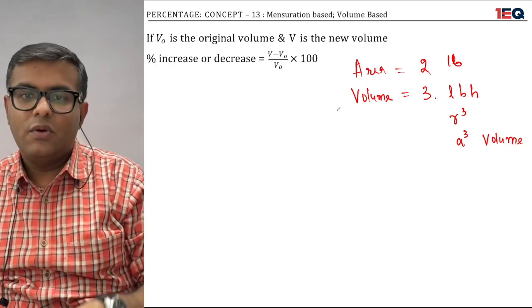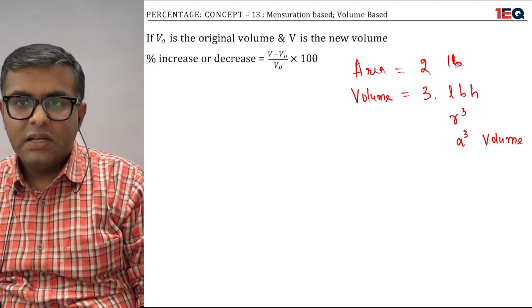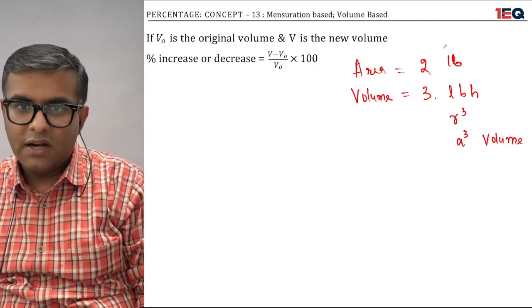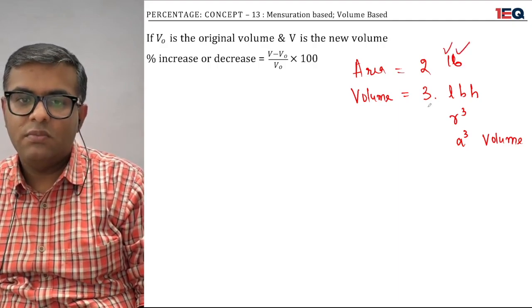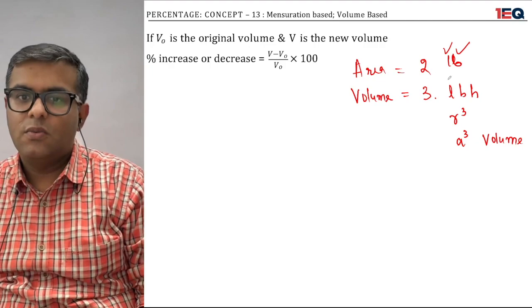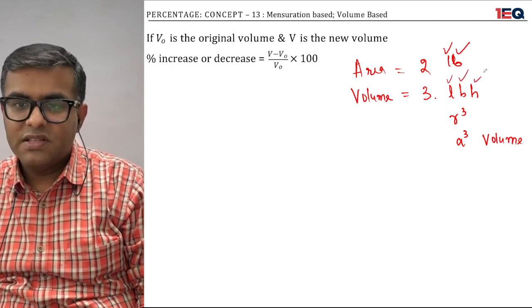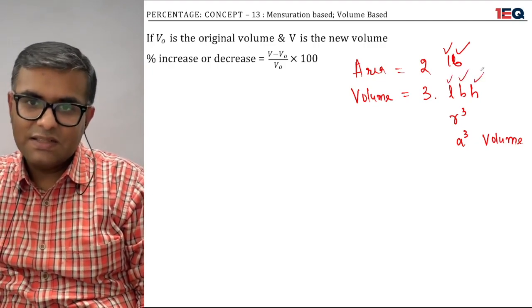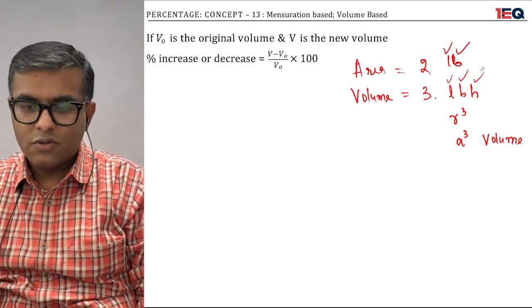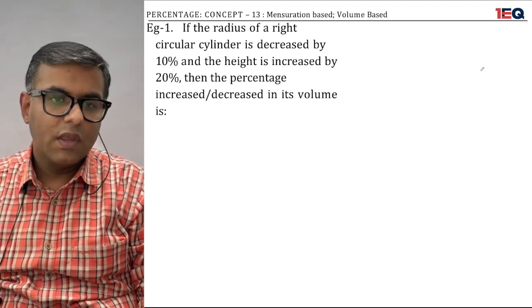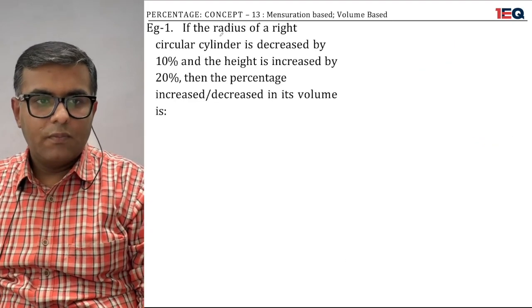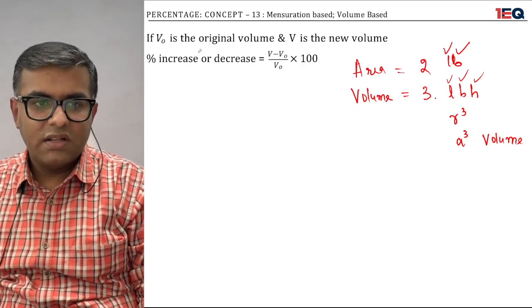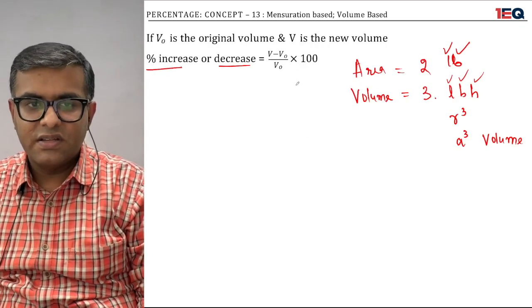So what I was talking about here is that the area is a two-dimensional quantity. There are two dimensions involved, one length and one breadth. Volume is a three-dimensional quantity. There are three dimensions involved, or anything that is there would be multiplied three times. So please keep this in mind. Here, there would be a percentage increase or a percentage decrease.